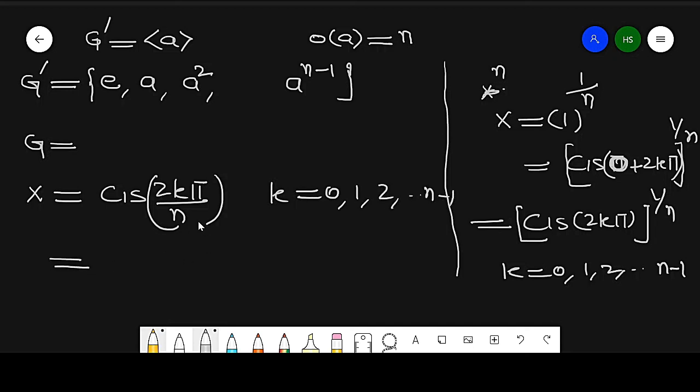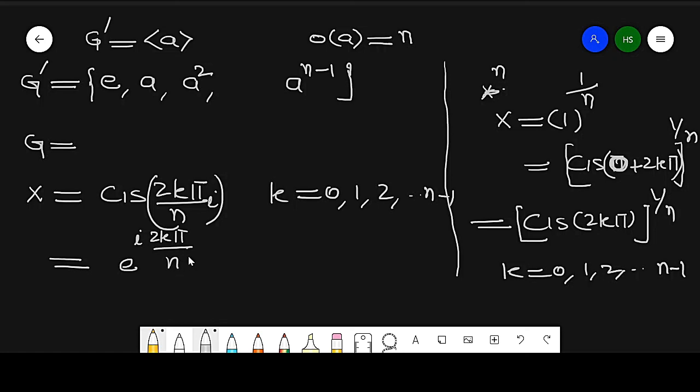You can write this either in cis or as e raised to power iota 2k pi by n.